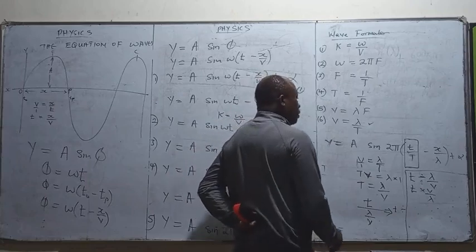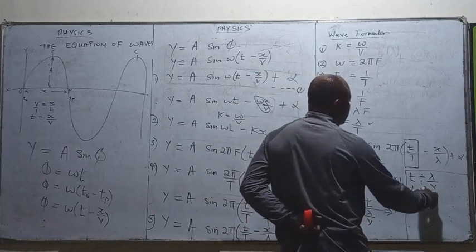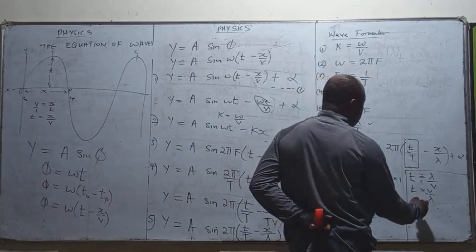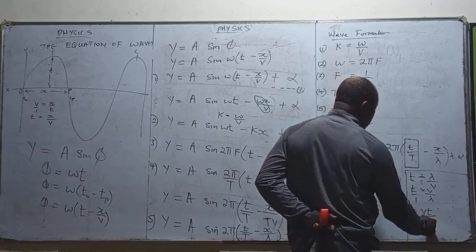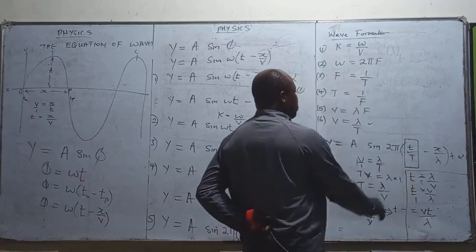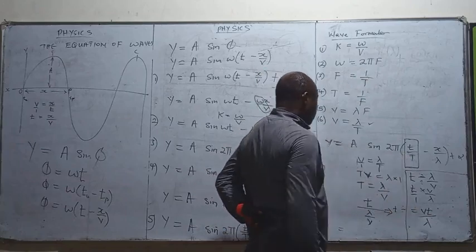You get it now? So this expression becomes vt over lambda, and we can come back to our expression here and call it vt over lambda.